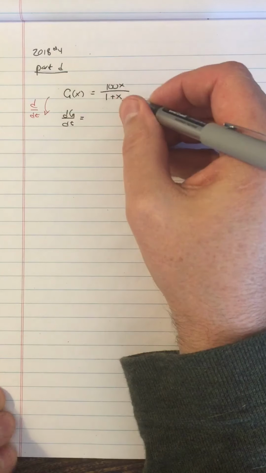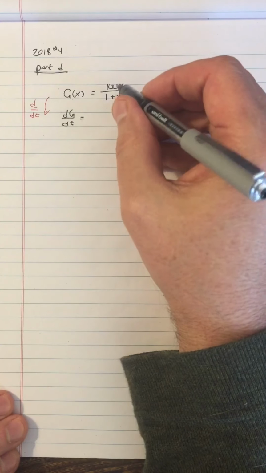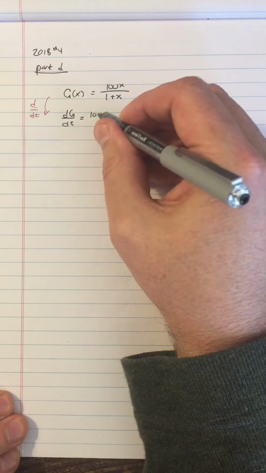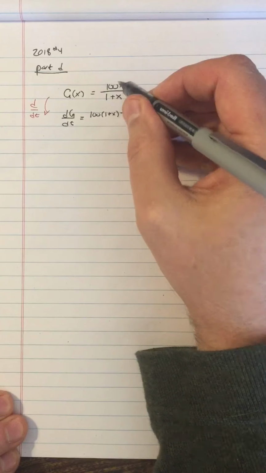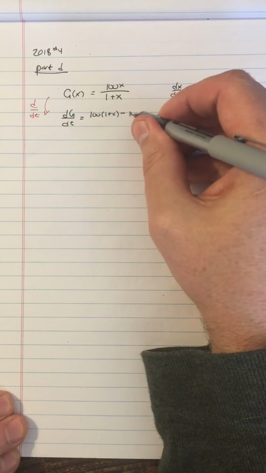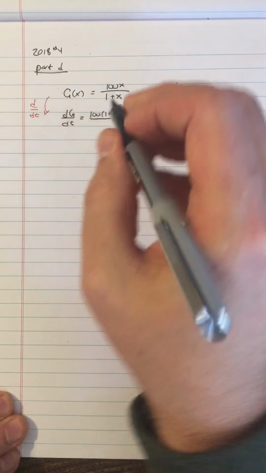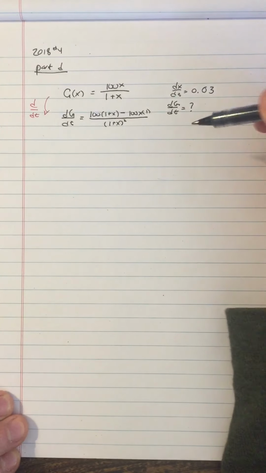So then over here I'm going to do this derivative. That's a quotient rule. So we're going to go f prime g, so that's 100 times 1 plus x, minus f g prime, so that's 100x times 1 over g squared, which is 1 plus x squared. Now that's just doing my quotient rule, okay?